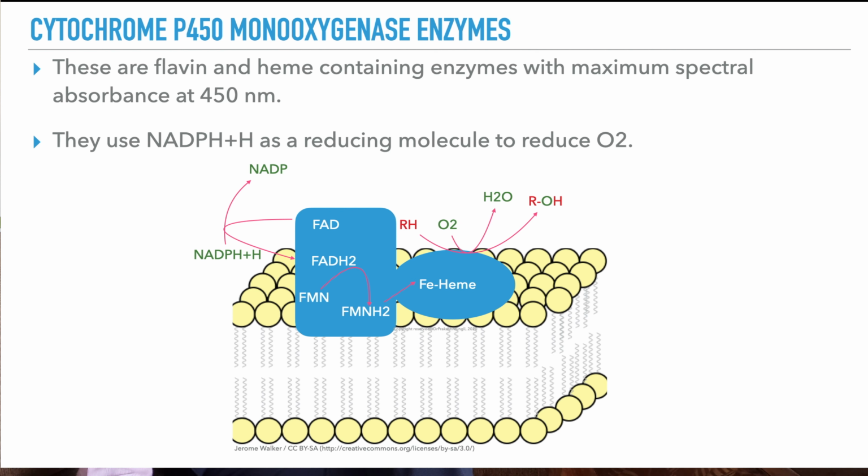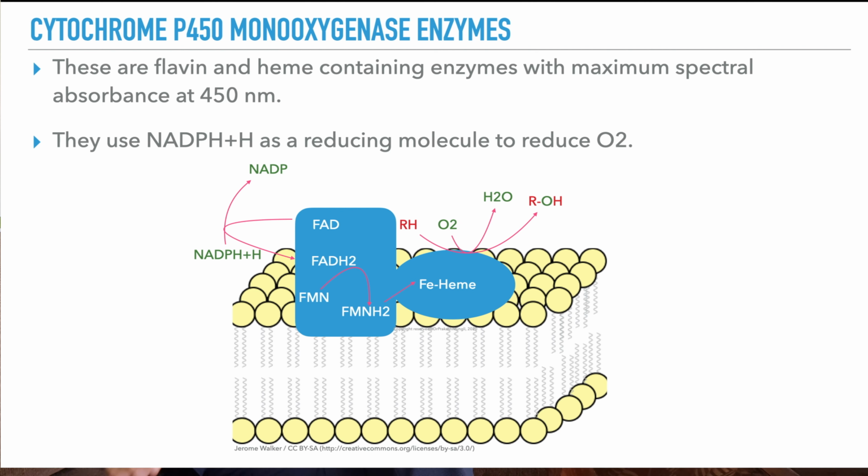So, the mechanism is shown here. NADPH plus H plus is oxidized to NADP plus. The FAD present in the cytochrome P450 is converted to FADH2, and FADH2 further reduces FMN into FMNH2, and that further keeps the ferrous iron reduced in the heme of cytochrome P450. And then what happens? The RH, which is a hydrophobic, lipophilic molecule, is introduced with an atom of oxygen to make ROH.